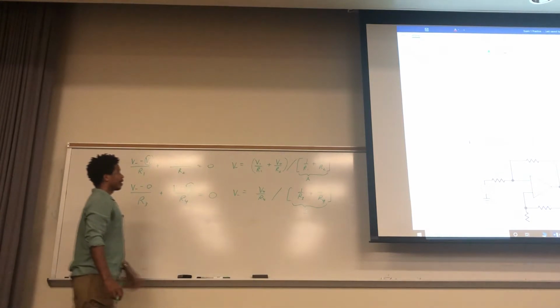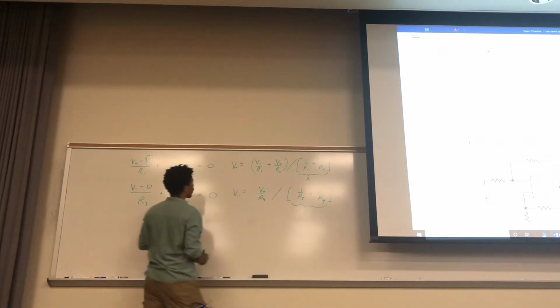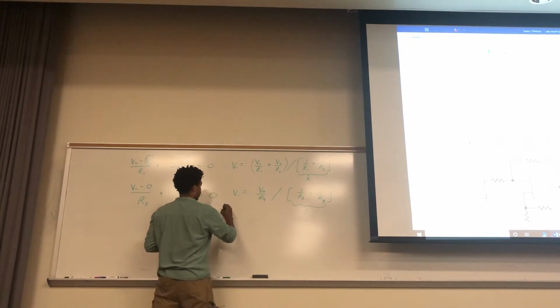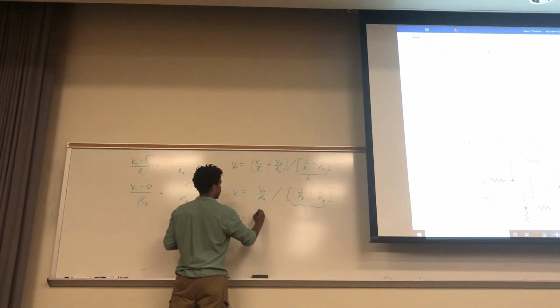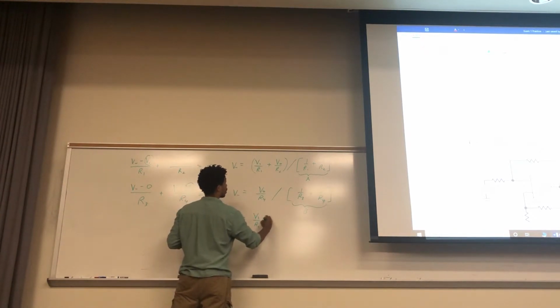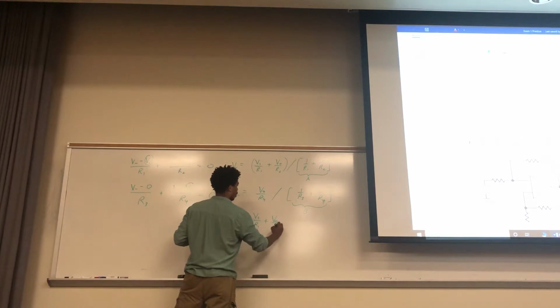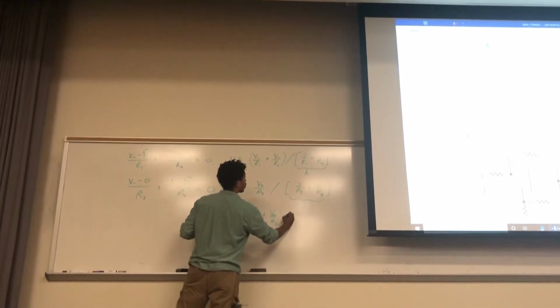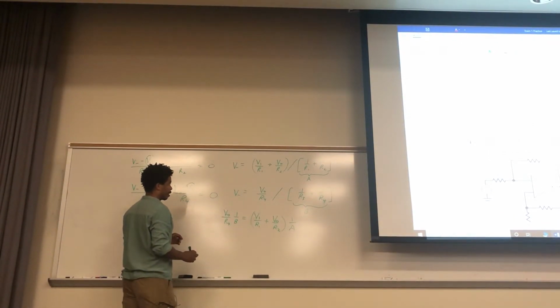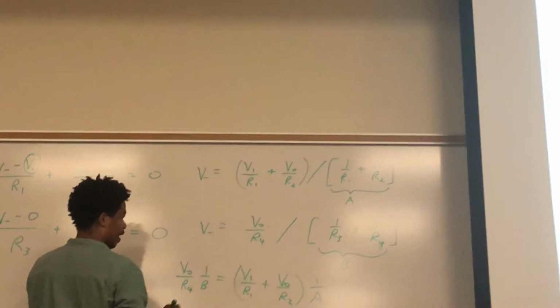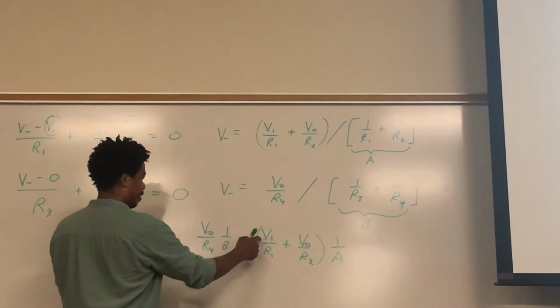Right? So we're going to set these equal to each other. And so we have our V out over R4 is 1 over B, and that's going to equal whatever that is, V1 over R1 plus V out over R2, and that's like 1 over A. We want to get the V outs together and then divide by this Vn right there.